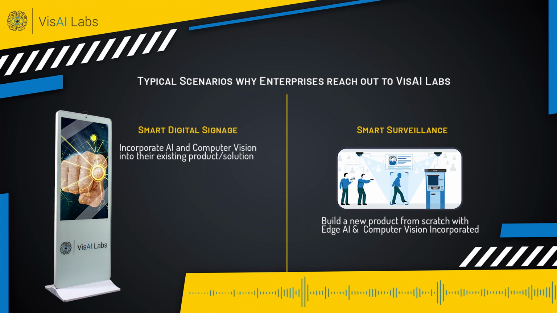So simply put, the two major reasons why enterprises reach out to Visai Labs is that they want to incorporate AI and computer vision into their existing product or solution, like how we saw in digital signage. Or you can check out the smart surveillance solution, which was a new product created from scratch, taking advantage of the best computer vision can offer.